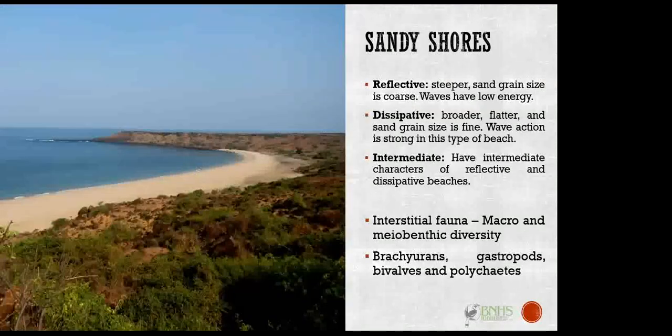The broader or flatter shore is a dissipative type, and the intermediate one is something between the reflective and dissipative types. In the case of sandy shores, for fauna and flora, the slope of the shore and the texture or kind of sand is very important, and will determine the diversity of species living here.